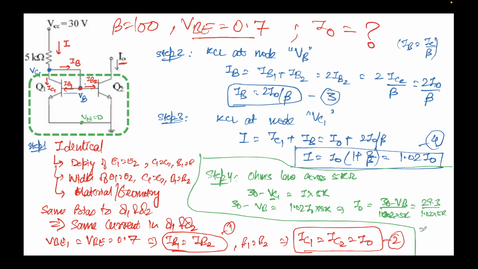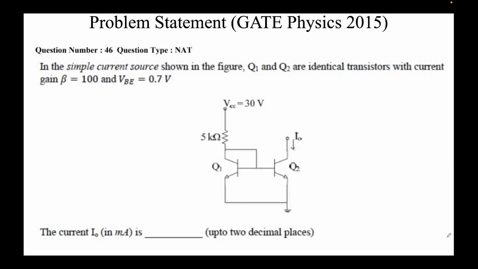If we solve this, we'll get 5.75 milliamps. So we have obtained the value of I0 to be 5.75 milliamps, and we can simply put this answer here, which we were required to find up to 2 decimal places, and we have done exactly that.